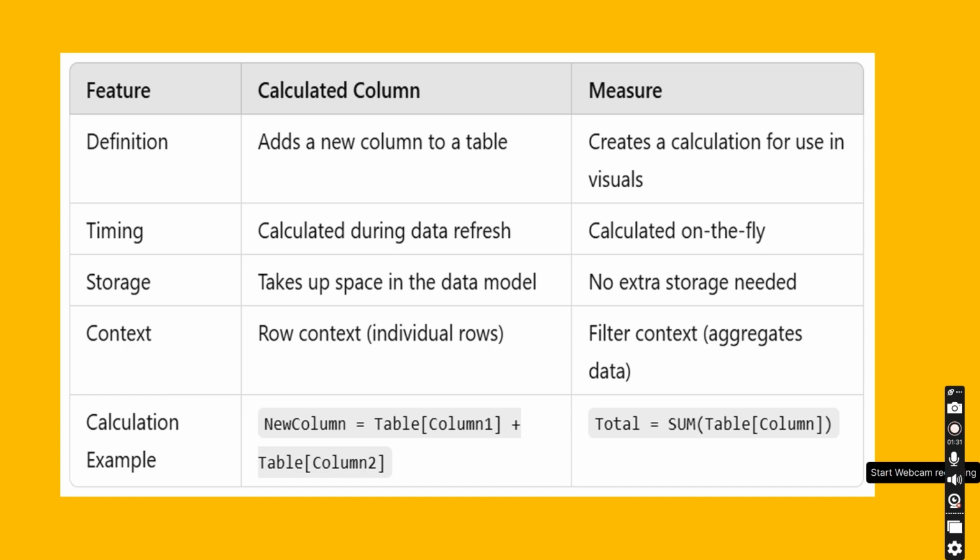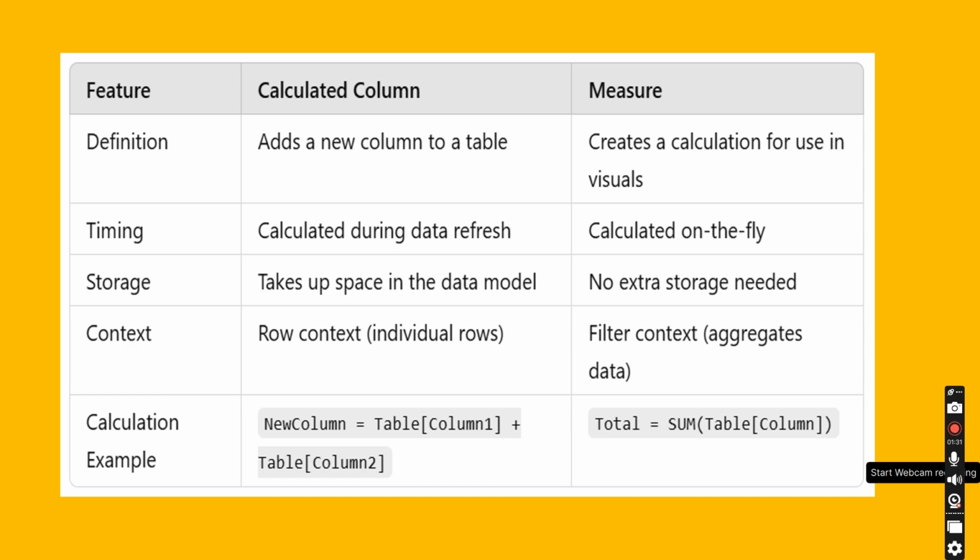A calculated column is stored in the model and will impact the data size, so the data size will increase. Measures are not stored in the data model; they are calculated at query time, with no impact on data size.